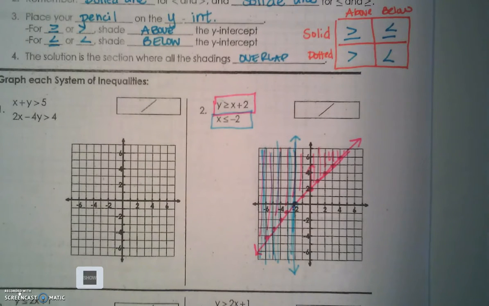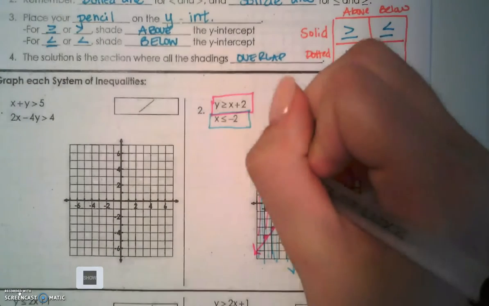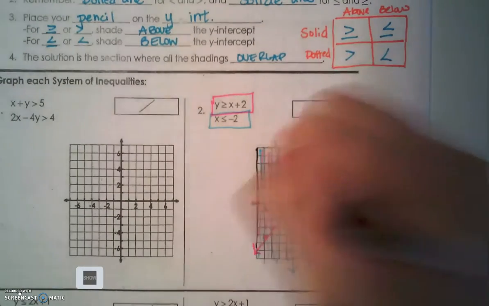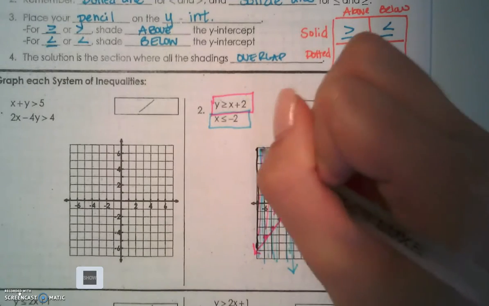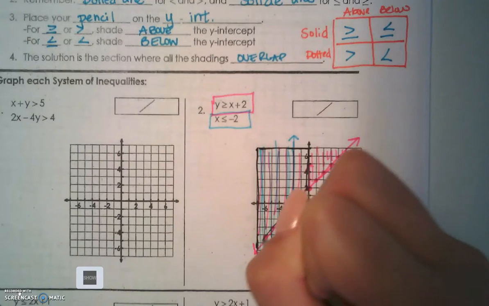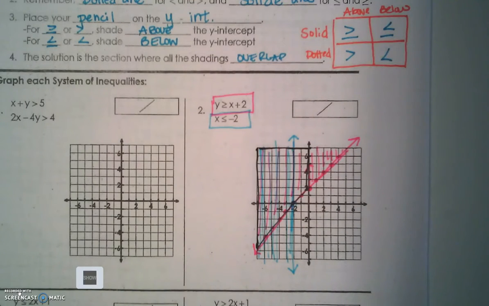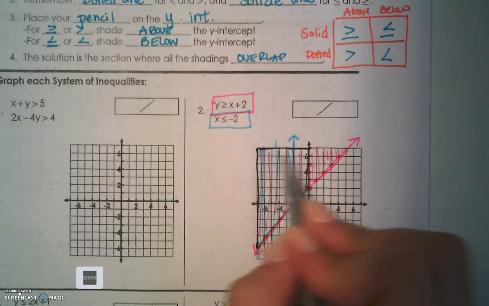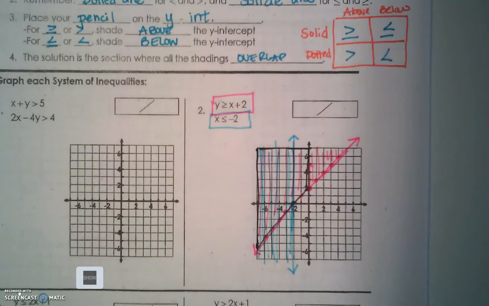So where my pink and where my blue overlap, that is going to be my solution. I'm going to color on it, overlap here in this area. Okay, so any point in this overlapped region is a solution.